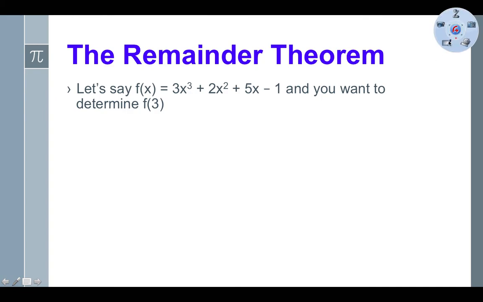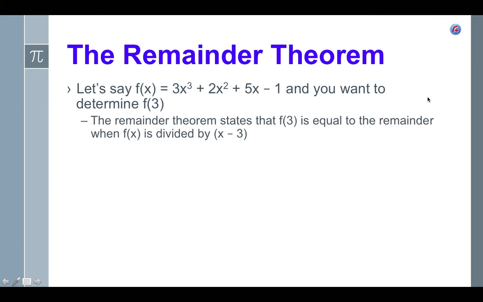But what the remainder theorem says is that f of 3 is equal to the remainder when f of x is divided by x minus 3. So we can use synthetic division to evaluate f of 3 very quickly.